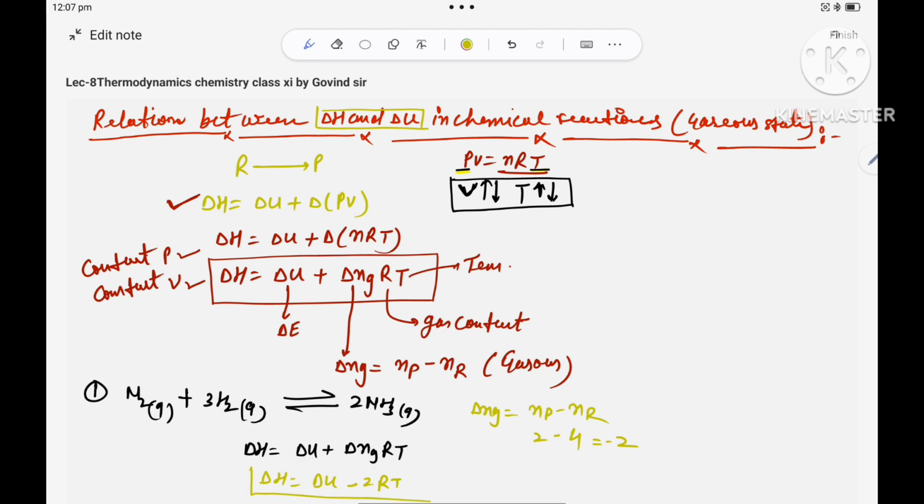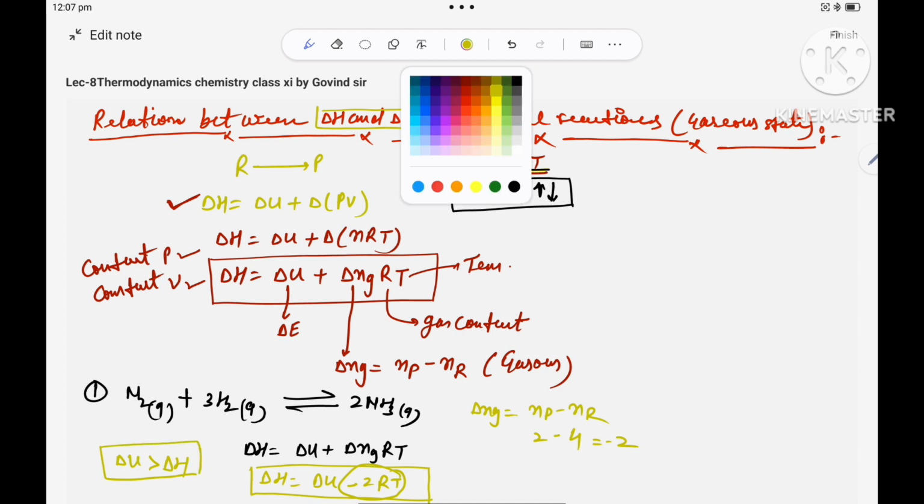That means delta H is equal to internal energy change, and here you have to subtract something from the internal energy. So which one is greater? Delta U will be greater. So here the relation is delta U is greater than delta H. You are getting my point here.